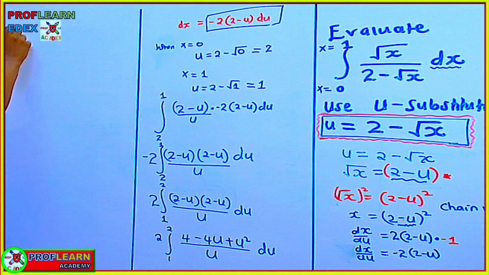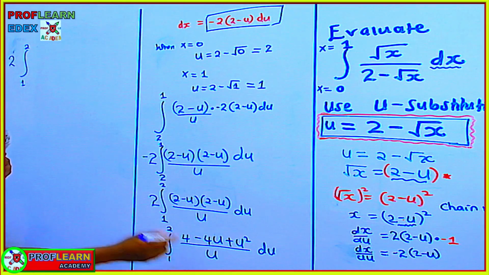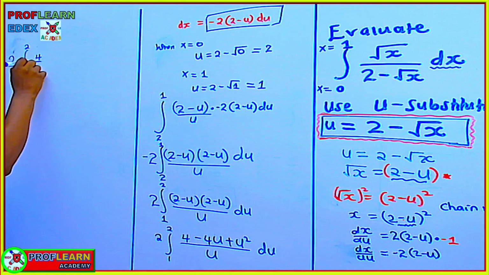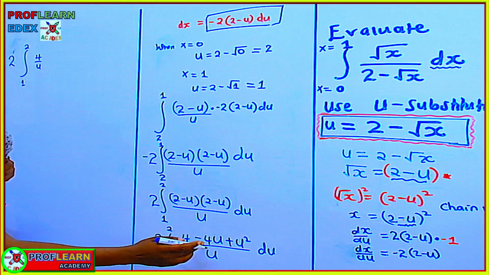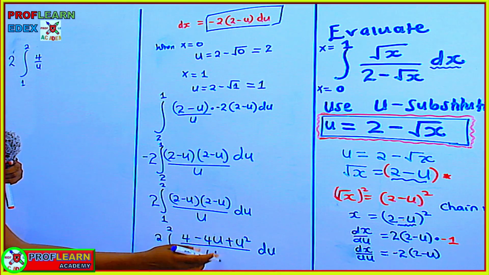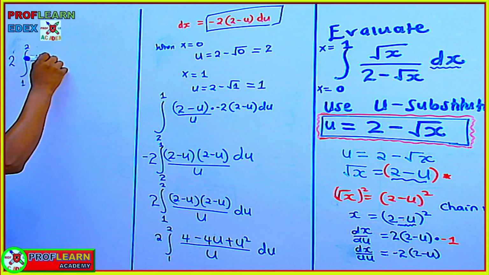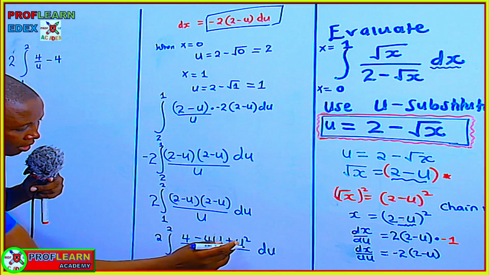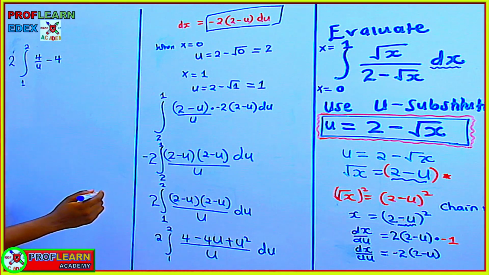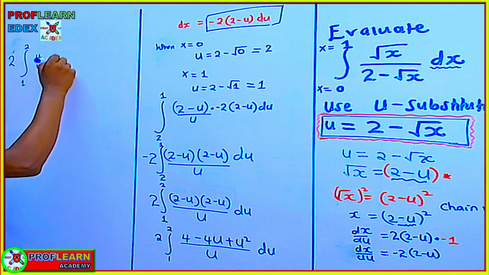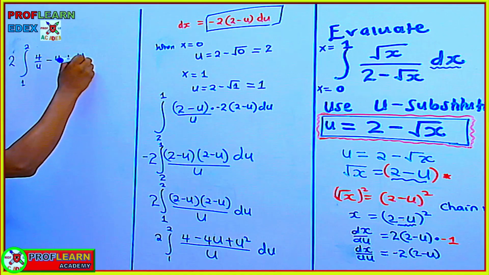Let me write this 2 here. We shall have 2 integral from 1 all the way to 2 of 4 over u, minus 4u over u, that will reduce to just 4, plus u squared over u, that's going to translate to just u.